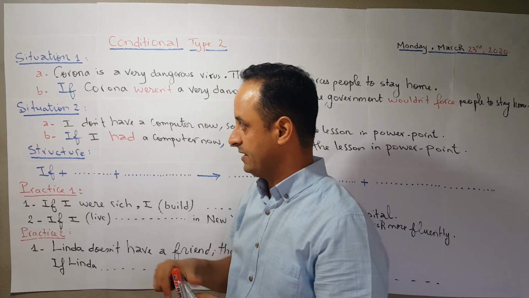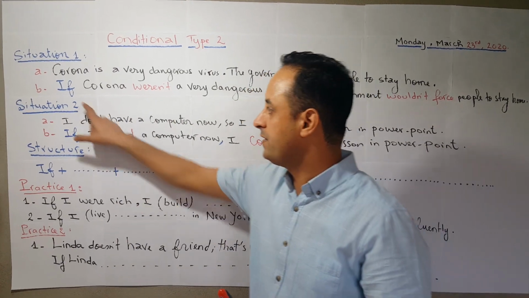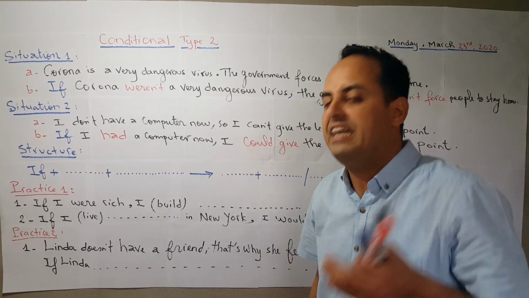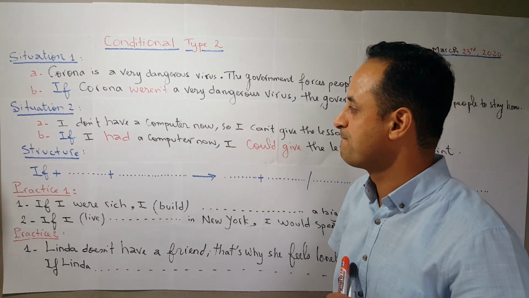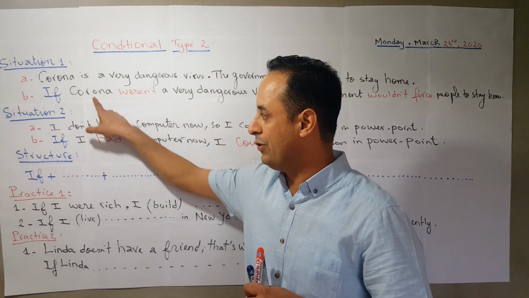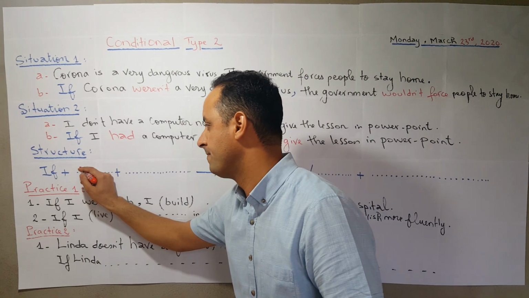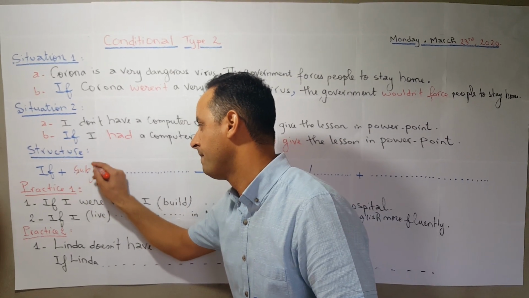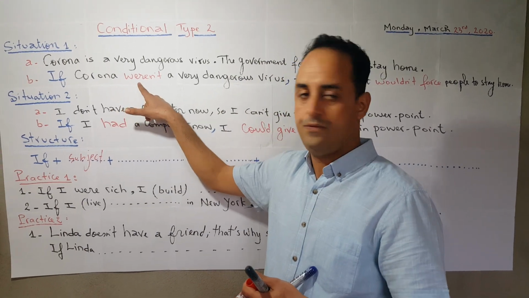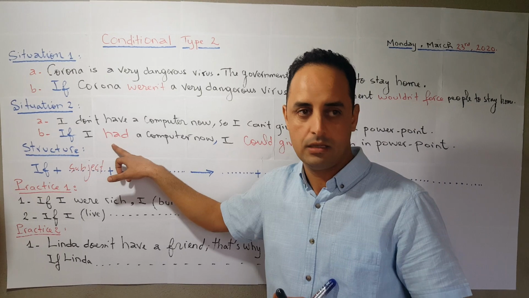Let's look at both sentences B in situation 1 and situation 2. They both start with if, which means in condition, in case that. After if comes the subject, Corona, I. And after the subject, in the first situation, it's weren't, and the second one is had.